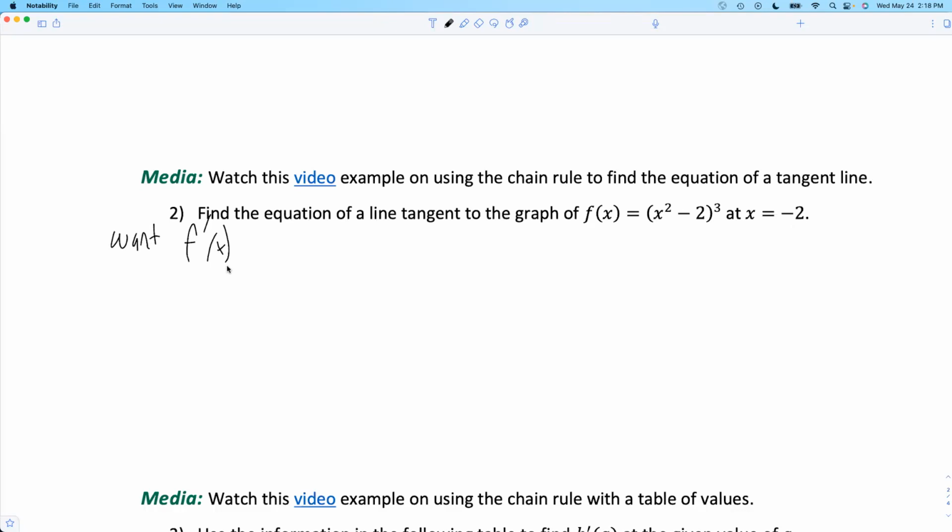Now, if you memorize chain rule in terms of f's and g's and f primes and g primes, you're going to have a bad day. Don't memorize it like that. What I want you to think when it comes to chain rule, you've got some outside function evaluated at some inside function.